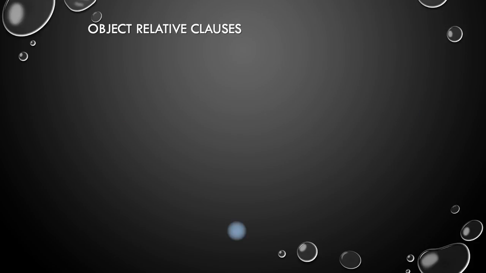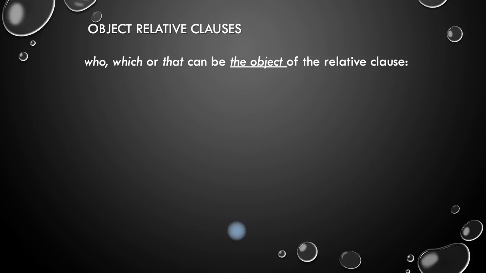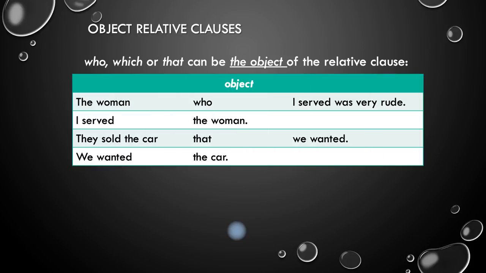But when who, which, or that, when these relative pronouns are the object of the sentence, we can omit them. Now look at these examples. The woman who I served was very rude. By who, we mean the woman, which is the object.